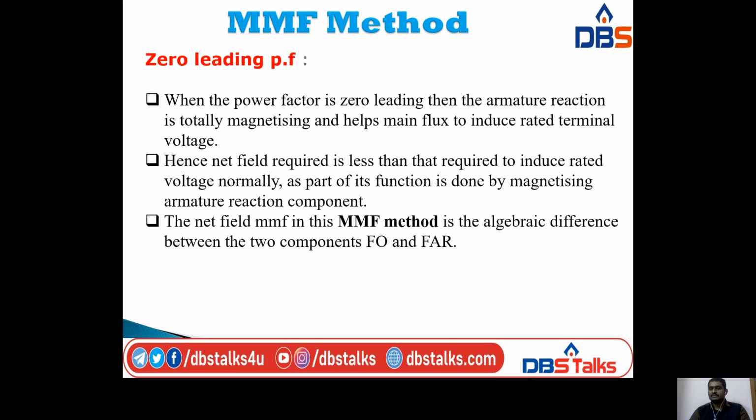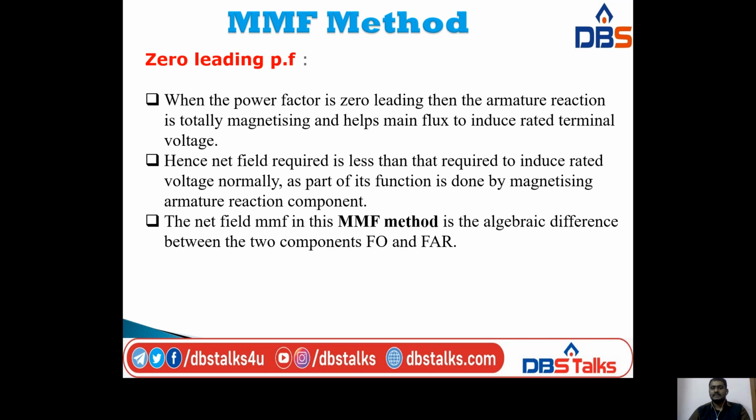Next we have zero leading power factor. Up to now we discussed zero lagging power factor, and now I am coming to zero leading power factor. When the power factor is zero leading, the armature reaction is totally magnetizing and helps the main flux to induce the rated terminal voltage.